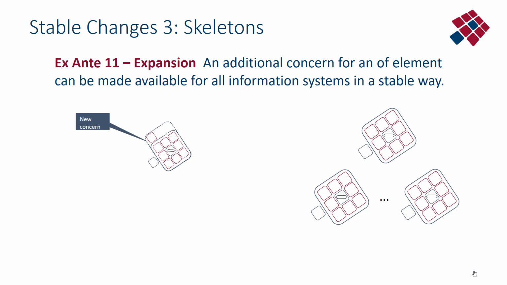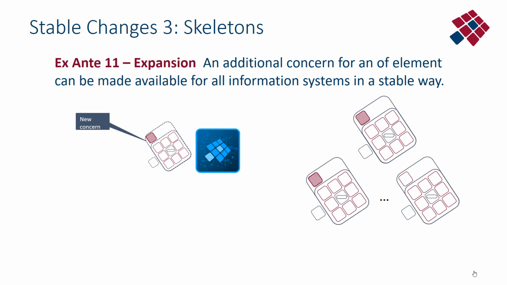But if you have the expansion code generation environment, you can regenerate, rejuvenate all elements of all normalized information systems, and therefore extend all these elements with the new additional classes you may need to take care of this additional cross-cutting concern.